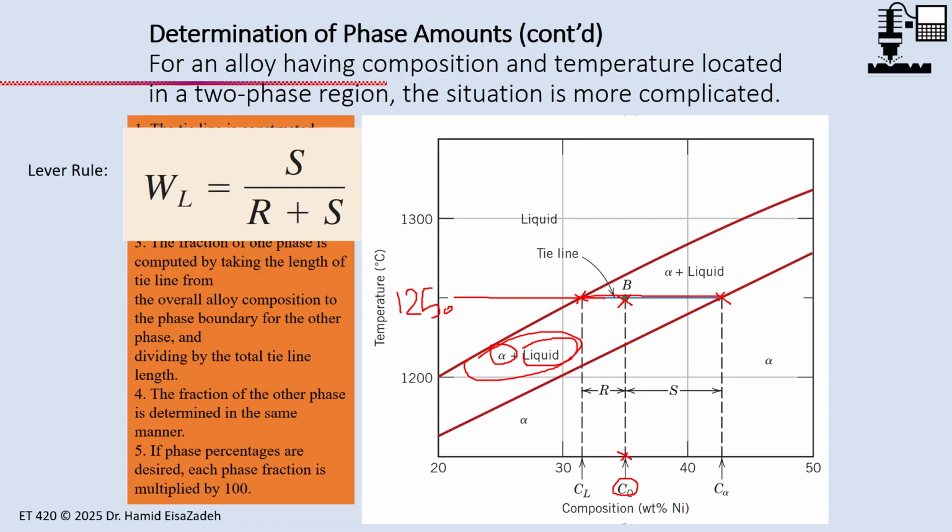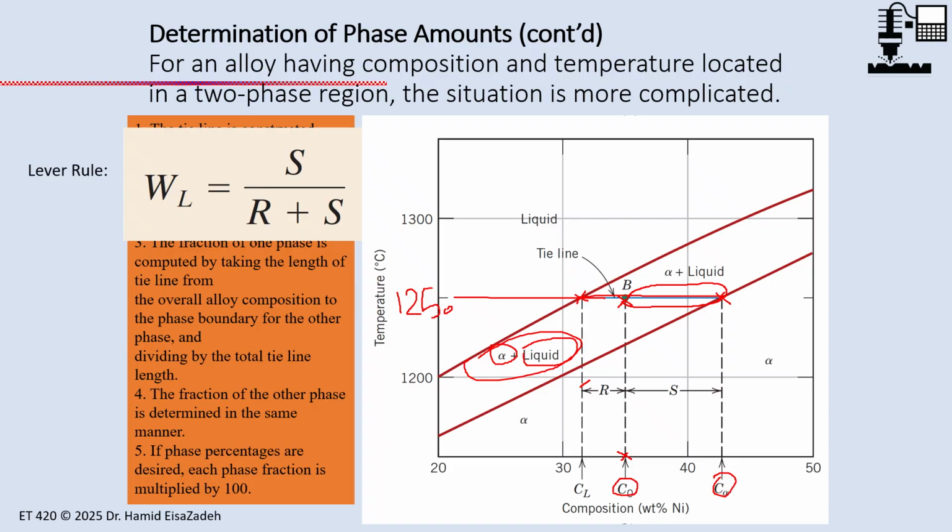Here is the equation. For example, if you want to calculate the amount of liquid phase, remember this is going to be a liquid, you need to calculate this area. You have to subtract the alloy composition from this point.